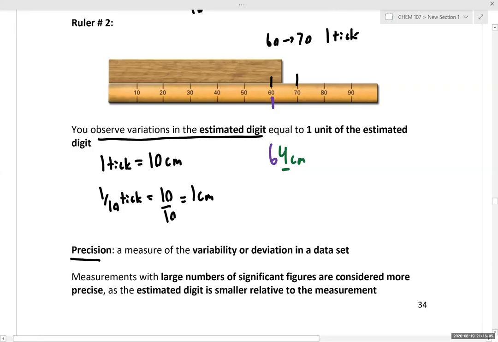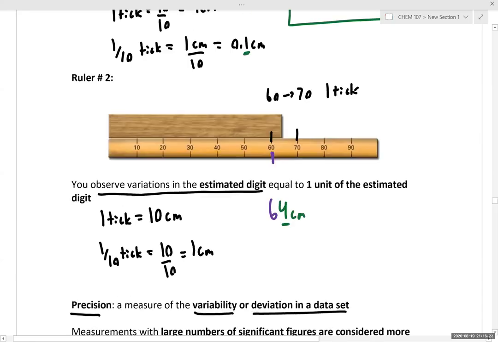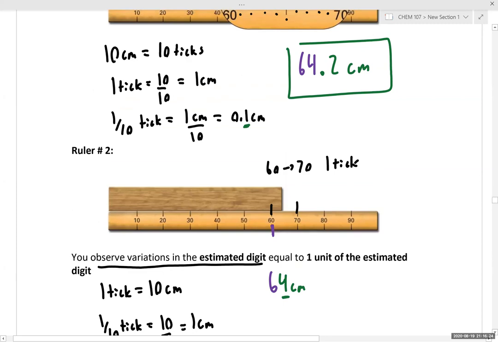Precision, more formally, is a measure of the variability or deviation in a data set, and measurements with large numbers of significant figures are considered more precise as the estimated digit is smaller relative to your measurement. So more significant figures, more precise.